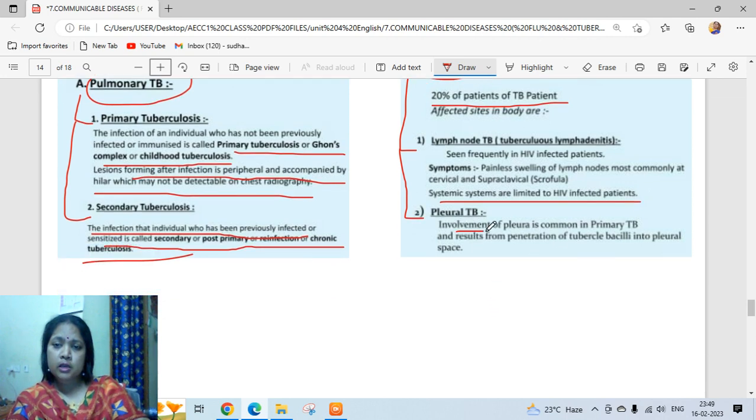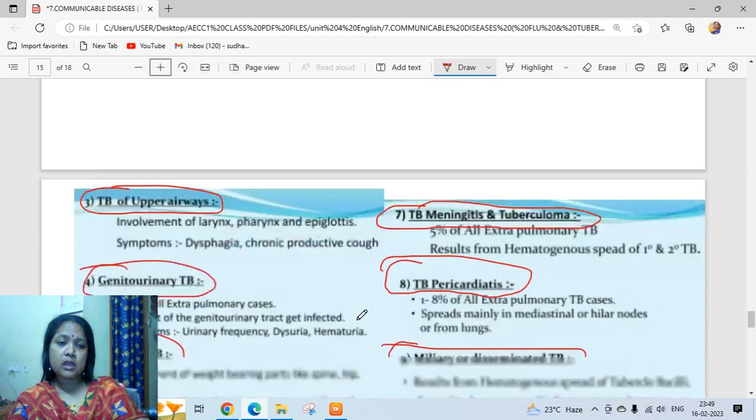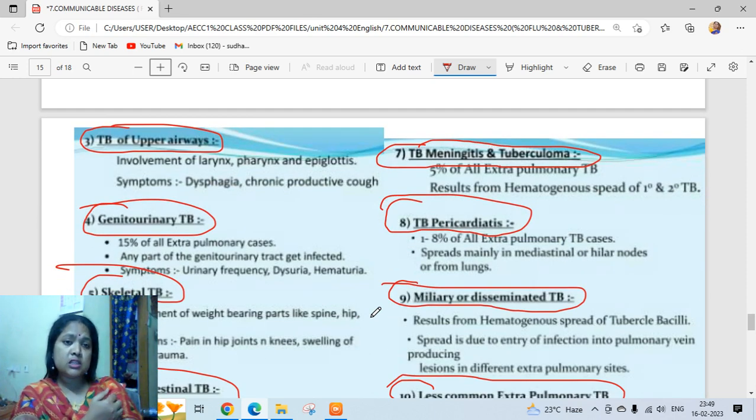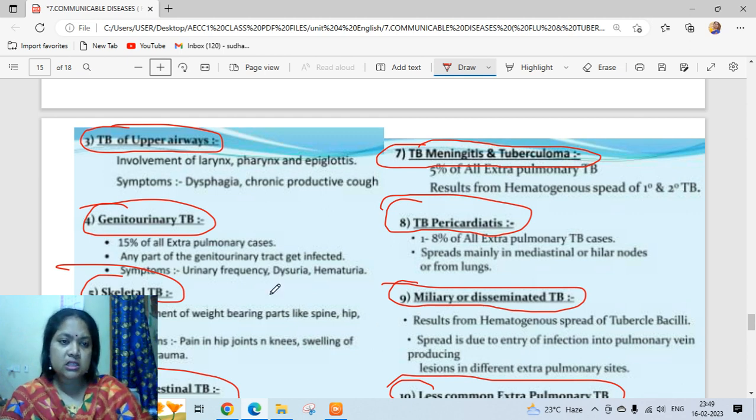Then involvement of pleura is common in primary TB and results from penetration of tubercle bacilli into pleural space. Then TB of upper airways means involvement of larynx, pharynx and epiglottis, and symptoms are dysphagia, chronic productive cough.